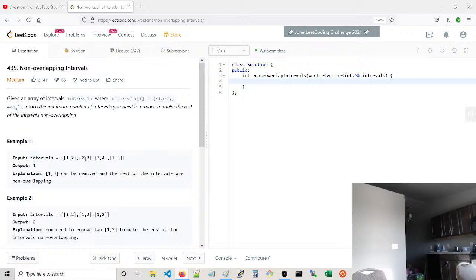So only one can remain. I guess an example would be if you had A, B, and C. A overlaps B and B overlaps C, but A and C don't overlap. So you would remove B, you wouldn't remove A and B, or A and C. You'd remove B. I think that's kind of what it's getting at.